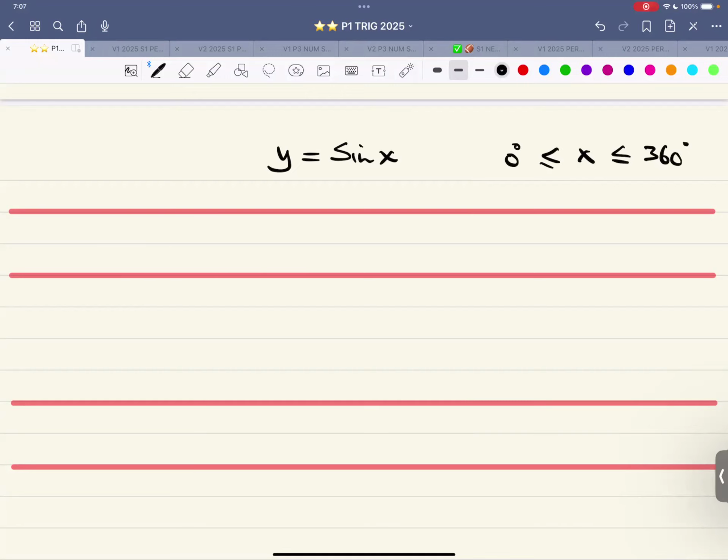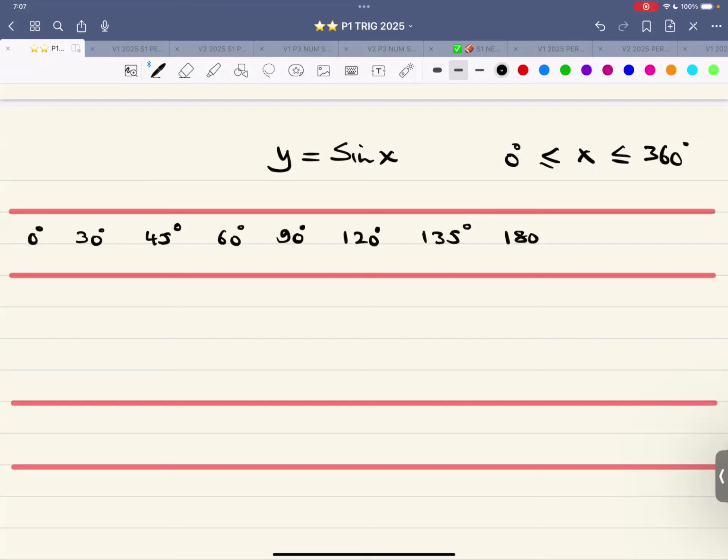So let me write 0, 30, 45, 60, 90, then 120, then 135, and then 180.